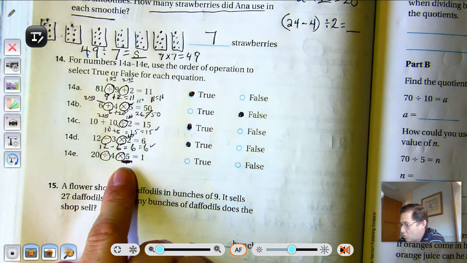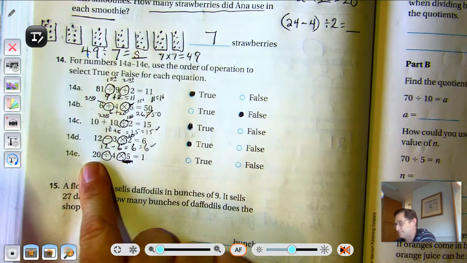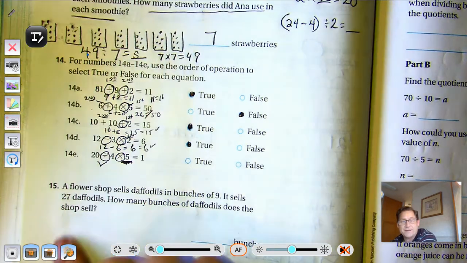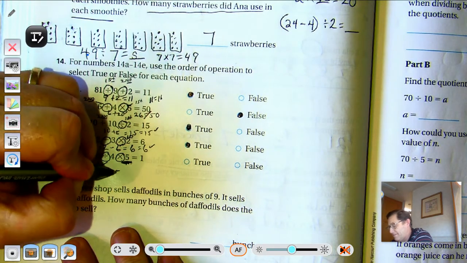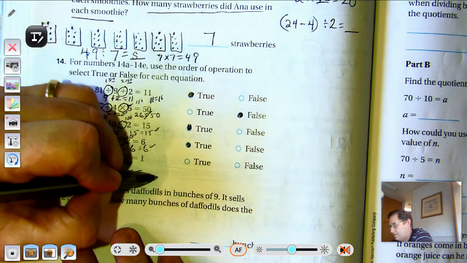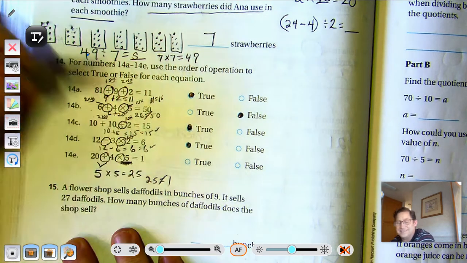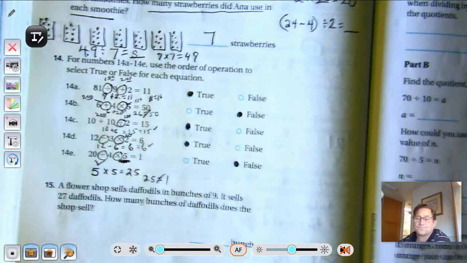So we're going to divide first. 20 divided by 4 is 5. And 5 times 5 is 25. 25 does not equal 1. So that's false.